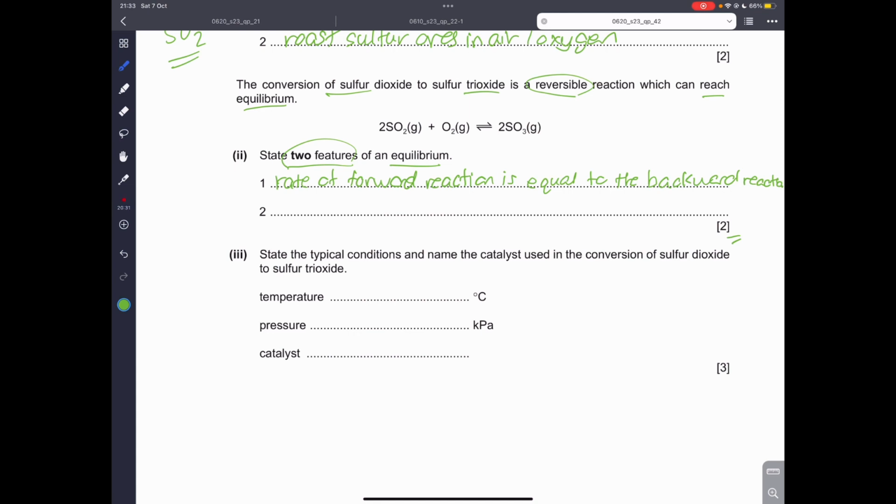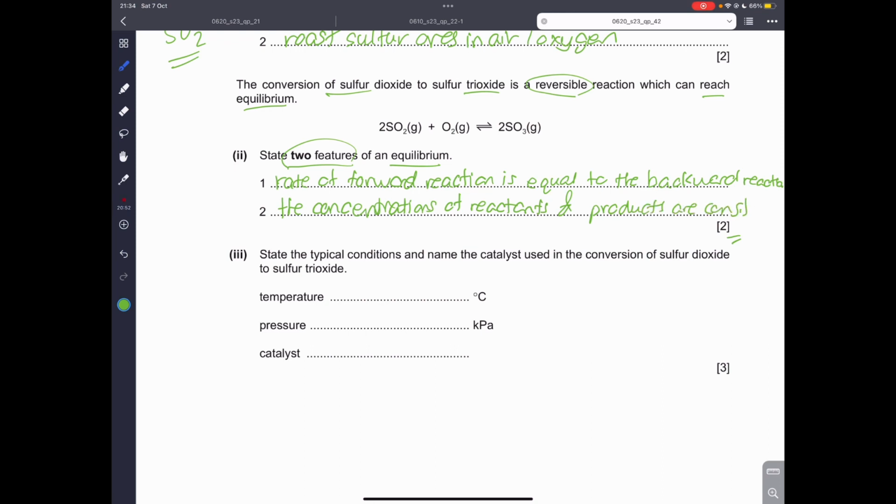And the second feature for equilibrium is that the concentration of reactants and products are constant.